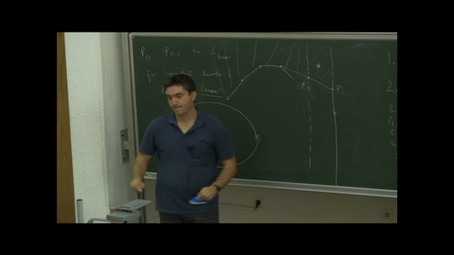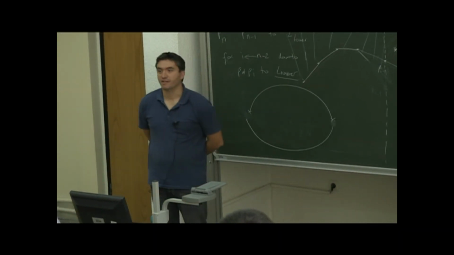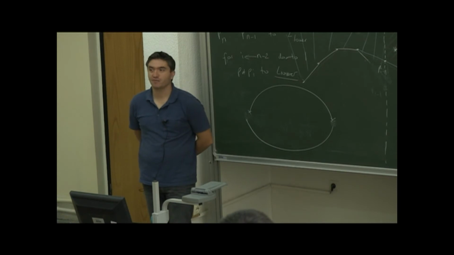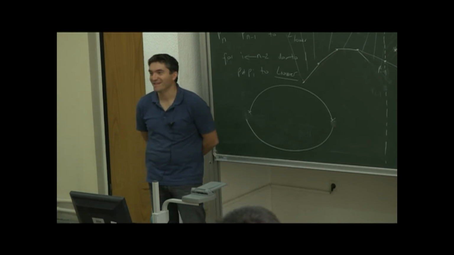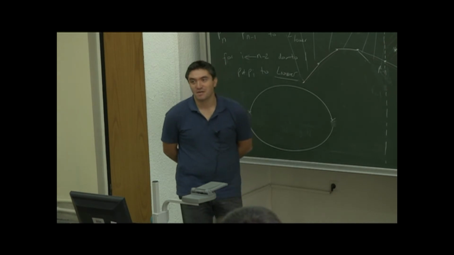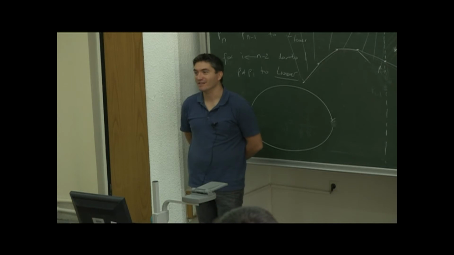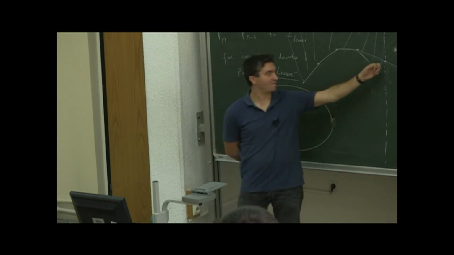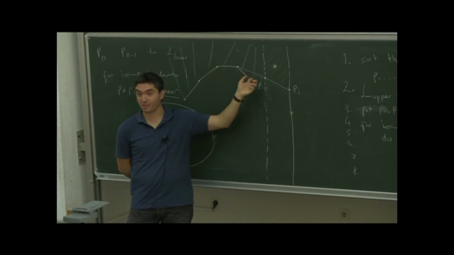Now, to be able to answer this question, whether we should remove pi minus 1 from our convex hull, or should not remove it, it depends on what you're asked. If the question tells you to output all the points that are on the convex hull, then you may have pi minus 1 as a point on the convex hull, and you may want to report it.